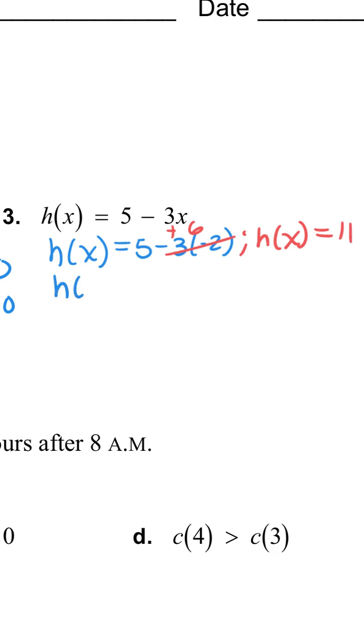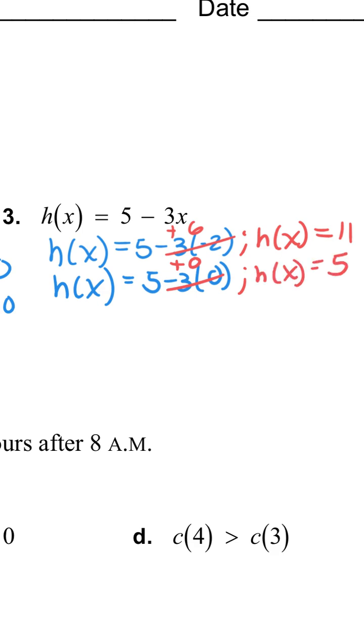Then we have h of x equals 5 minus 3 times 0. Again, distributive property, -3 times 0 gives me 0, which 5 plus 0 gives me h of x equals 5. And finally, we have h of x equals 5 minus 3 times 5.